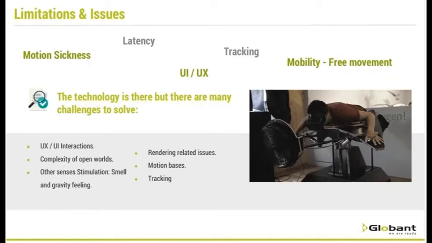One is related with tracking and latency. Imagine that if you are playing a 3D game, you need to take the user input, generate the geometry, generate the textures and all that, the illumination of the game, and then render that.